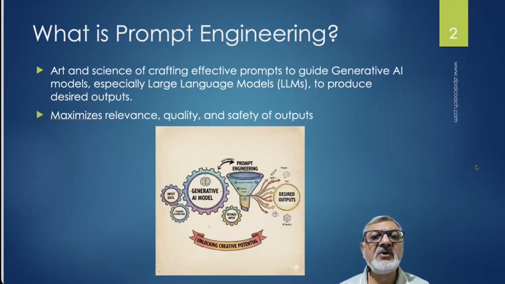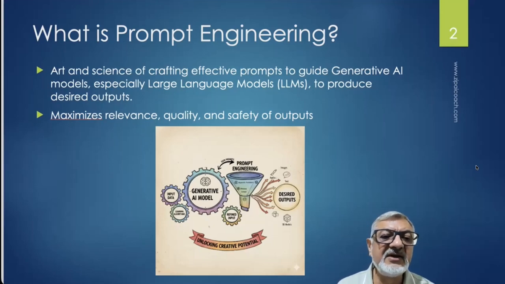Now, for the LLM to generate a response, we have to give effective prompts so that the output generated is of maximum relevance. So prompt engineering is a kind of funnel model, which we are seeing in this diagram.